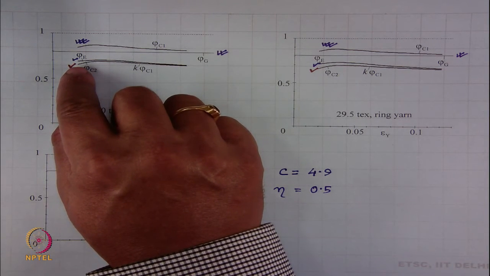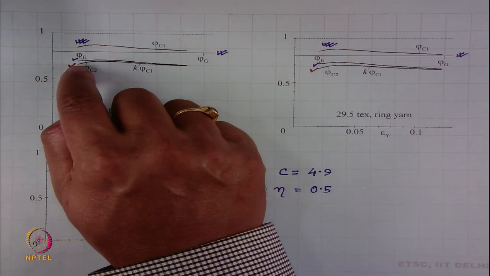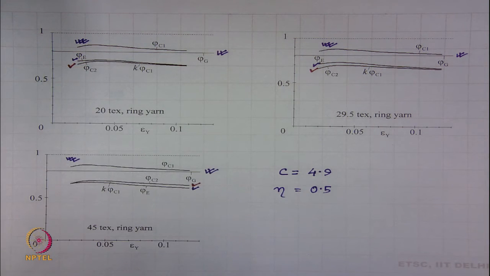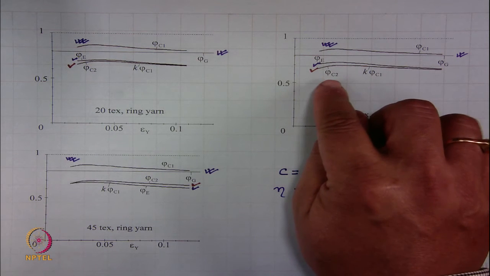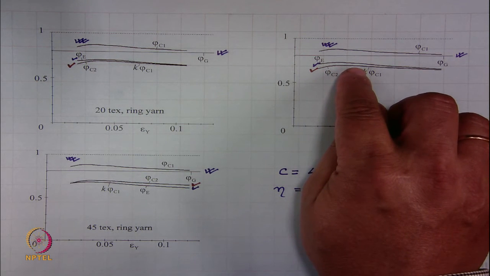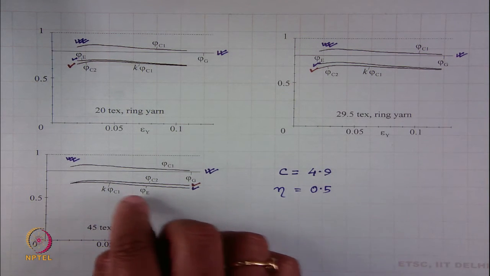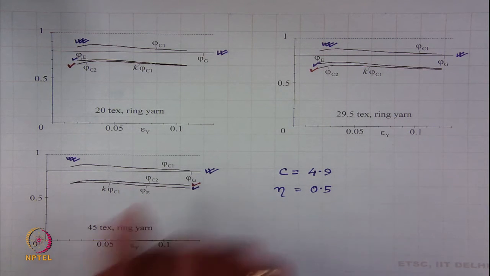Say in this one, in between phi subscript E and phi subscript C2, there is a very thin line present. Similarly, very near to phi subscript C2, this thin line is present in this graph, and here also very near to phi subscript C2, a thin line is present.